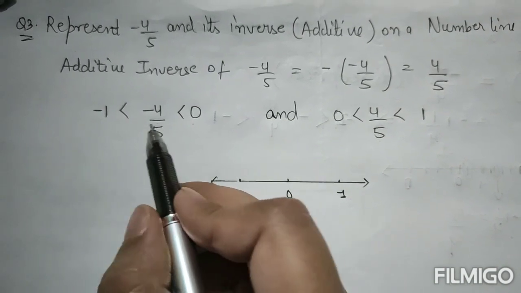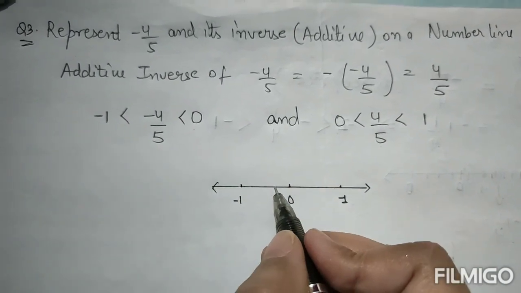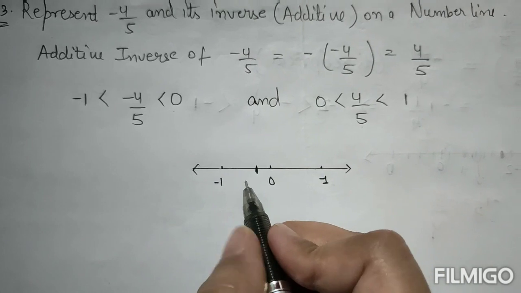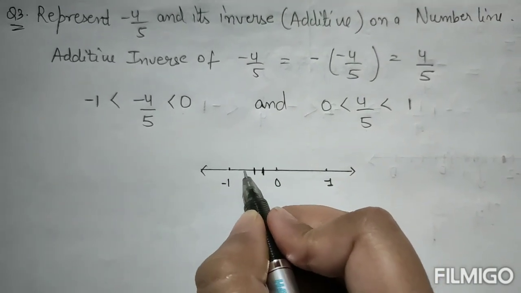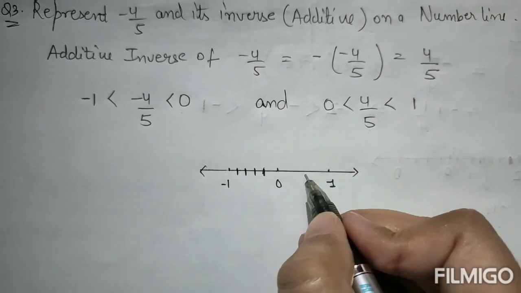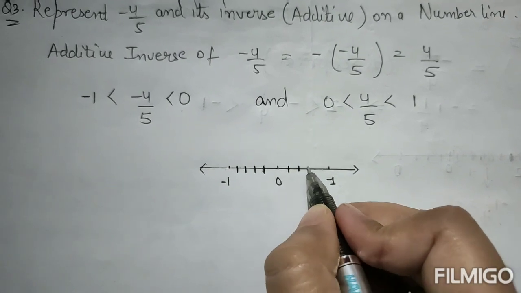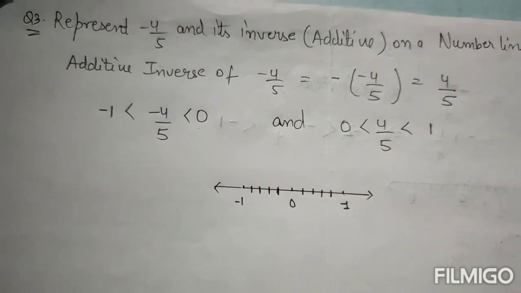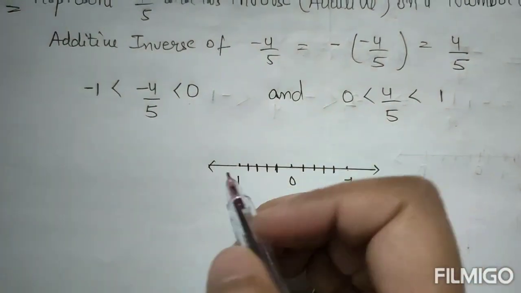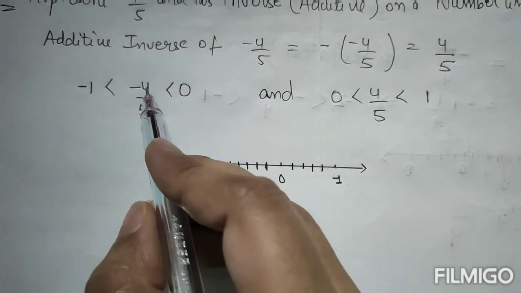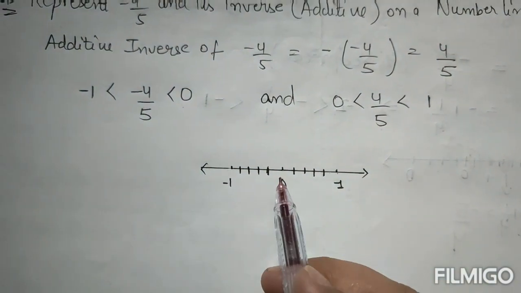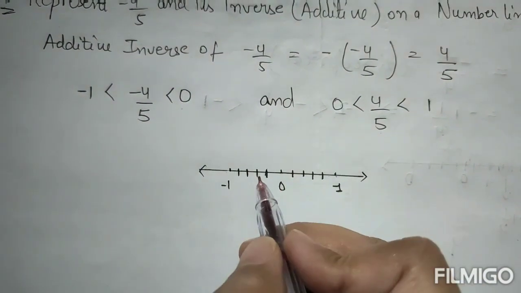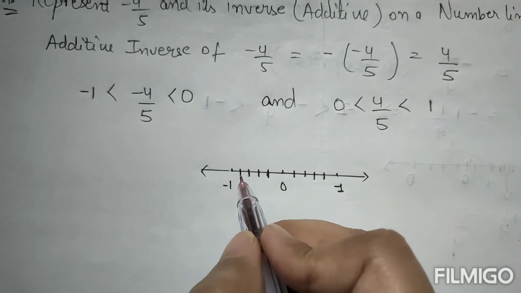Now check their denominator is 5. That means you have to divide the unit in 5 equal parts. 1 2 3 4 and 5. Clear? Now tell me what will be minus 4 by 5. You have to move 4 to the left of 0. 1 2 3 4.